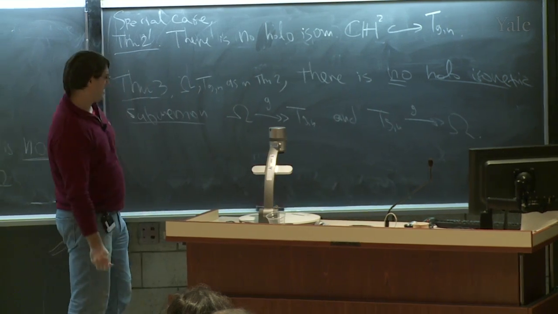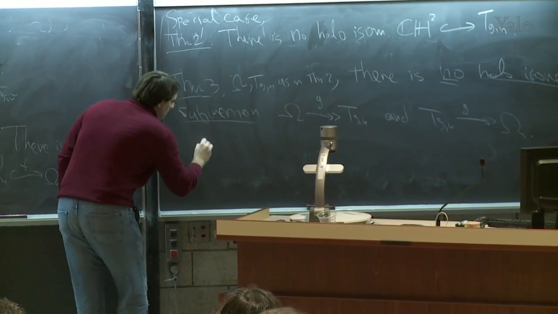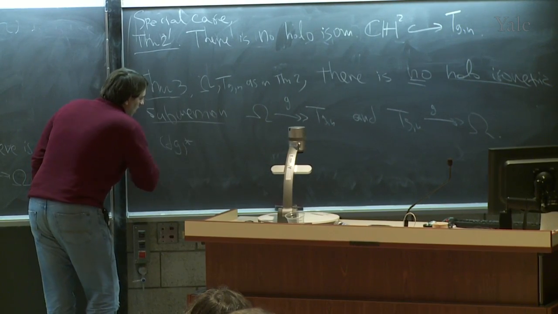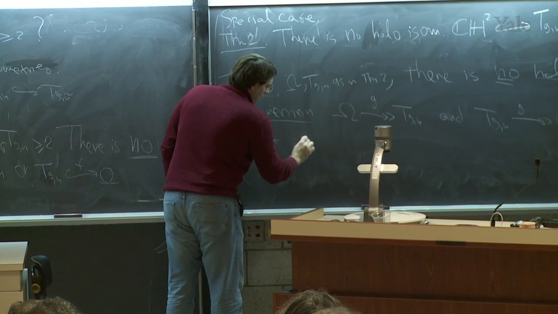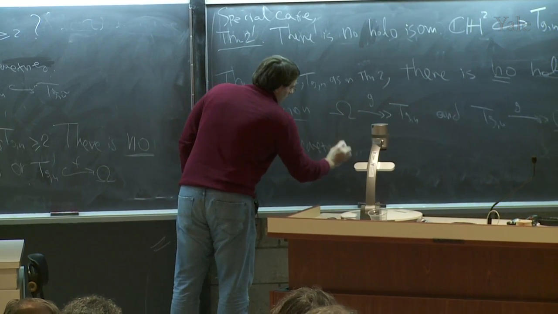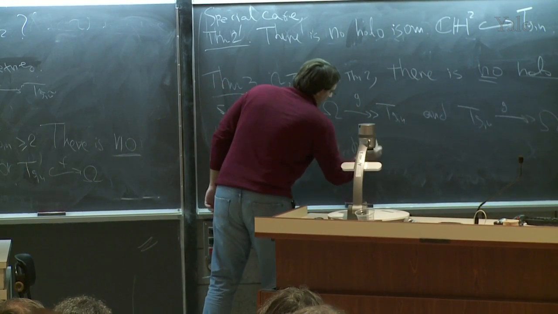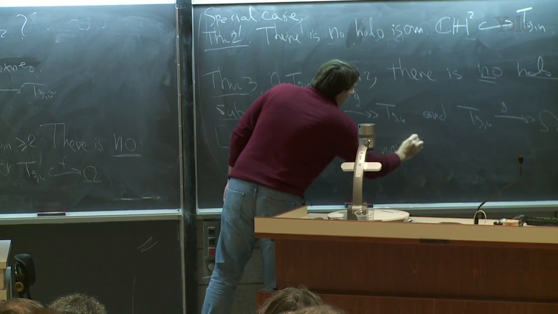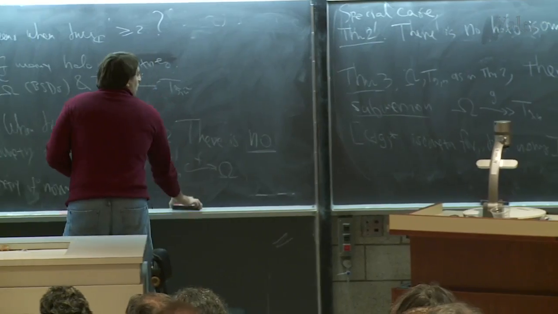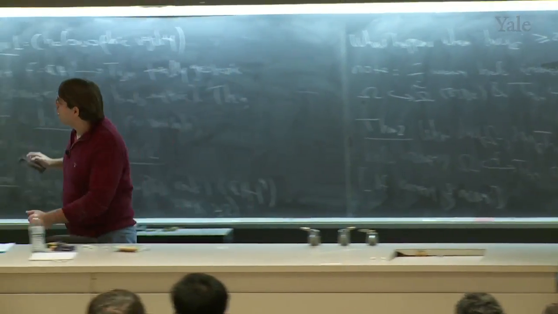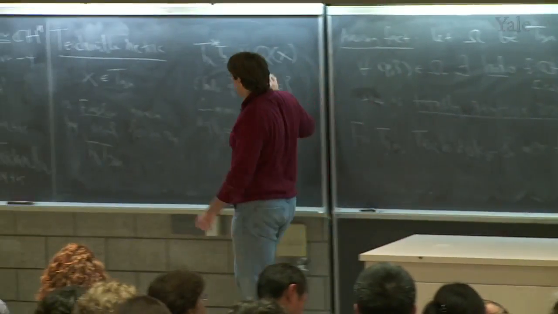And by holomorphic isometric submersion, I mean a holomorphic map such that the dual of the differential is an isometry for the dual norms.